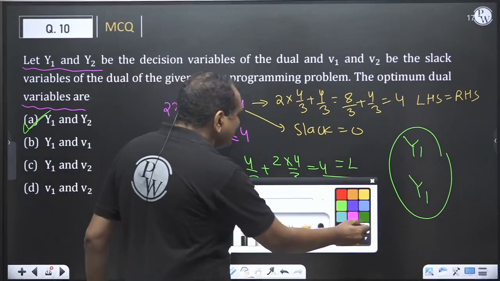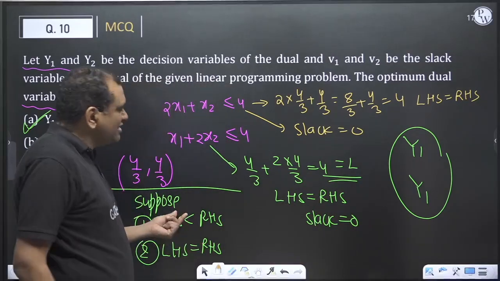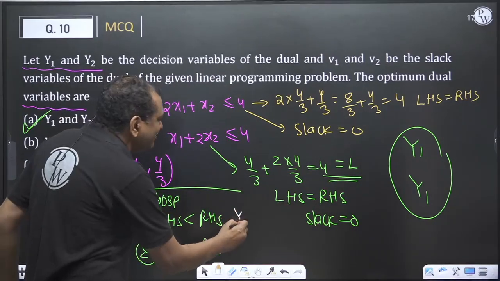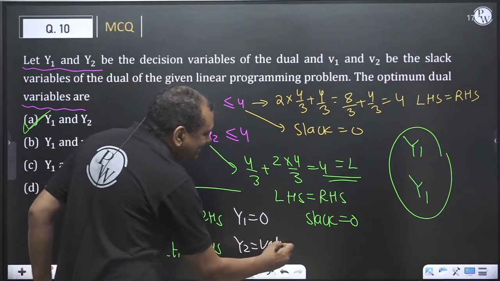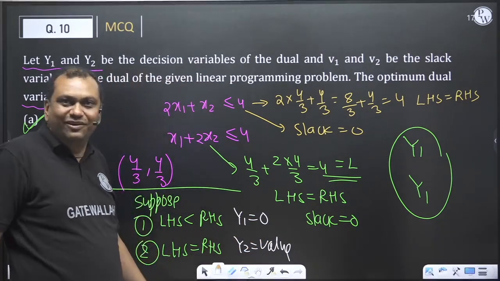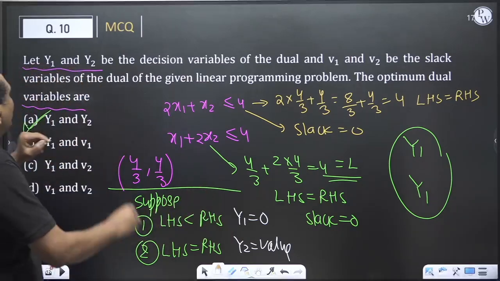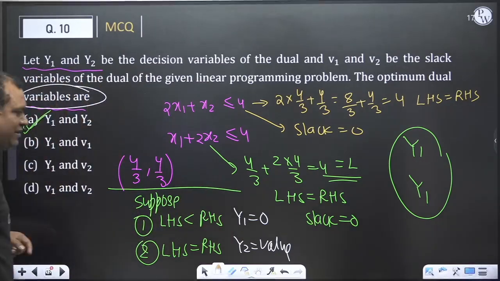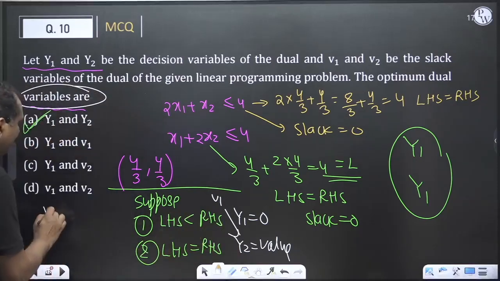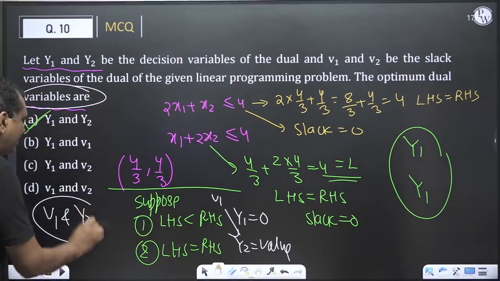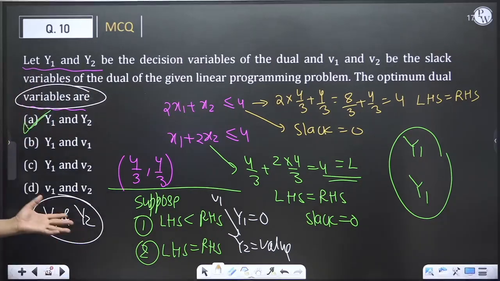Then in this case there is some slack value, which means y1 will be 0 and y2 will have some value. So the optimum dual variables will be v1 and y2 in that case.